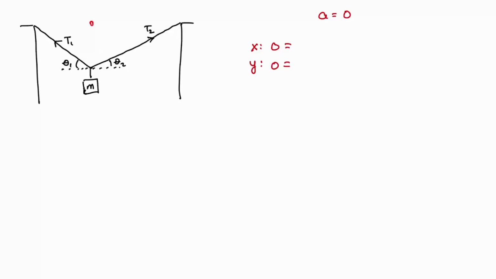And so we might as well stick with a straight uppy down, lefty righty coordinate system. So that's what we're going to do. With the acceleration being 0, we've kind of robbed you of that, oh, just put it in the same direction as the acceleration. We have no acceleration, so you're free to pick what you want. I'm going to choose straight up and down and straight left and right.